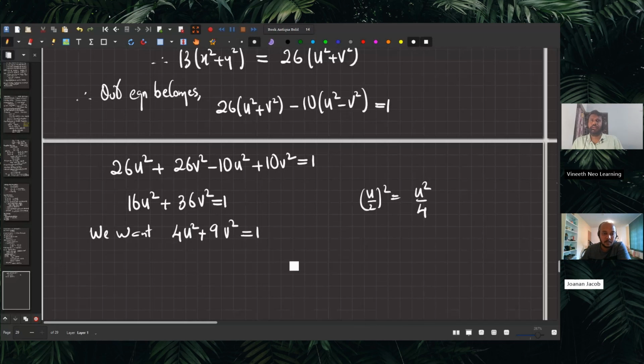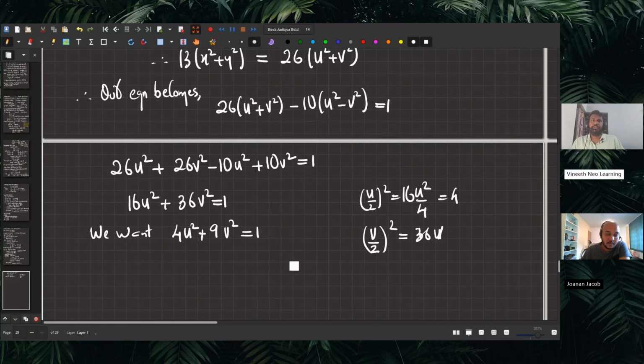When multiplied with 16 we get 4, that's what is here. Similarly, 36 v squared over 4 will be 9.